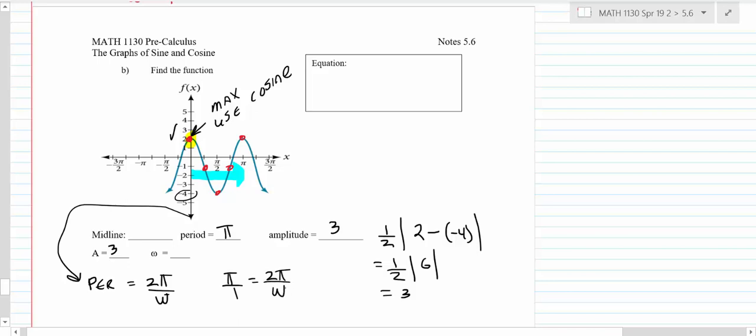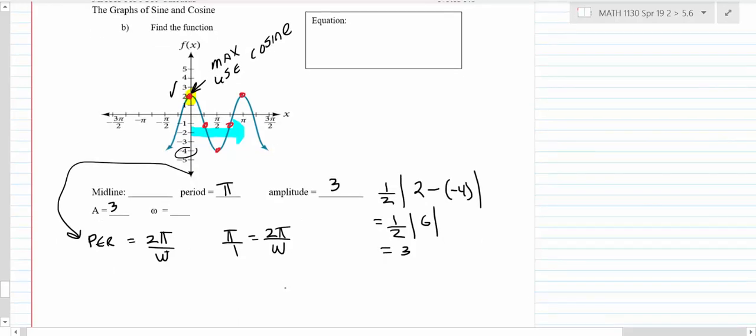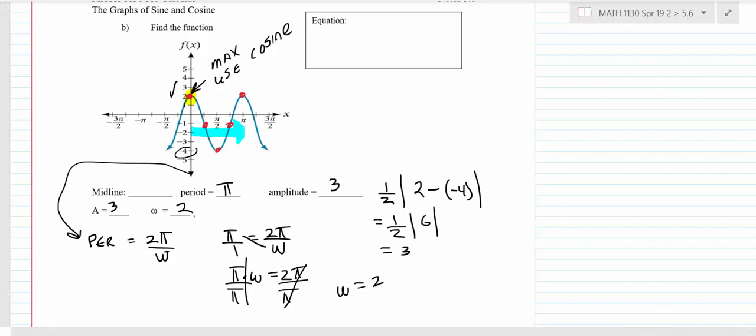You can solve that by cross-multiplying if you want to. So we have pi times omega equals 2 pi. Divide both sides by pi. The pi's cross out, so omega is 2, like that. Okay? So anytime you find omega, you have to get the period and use that formula to find that.